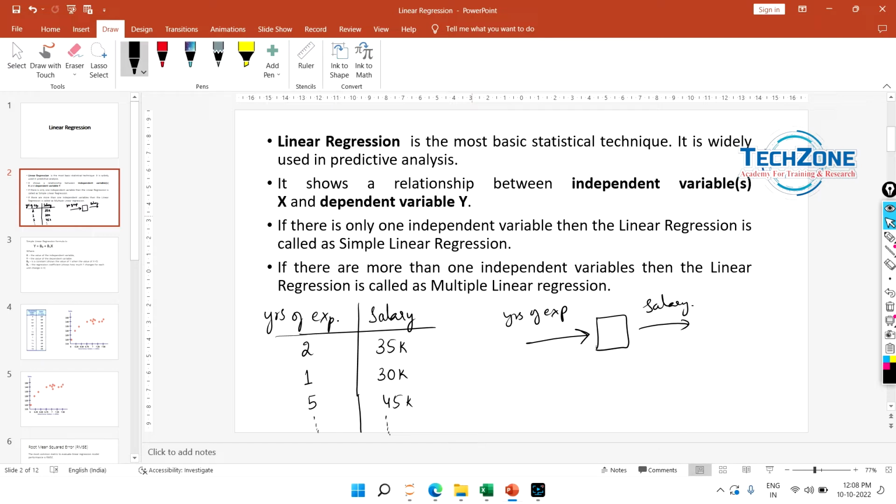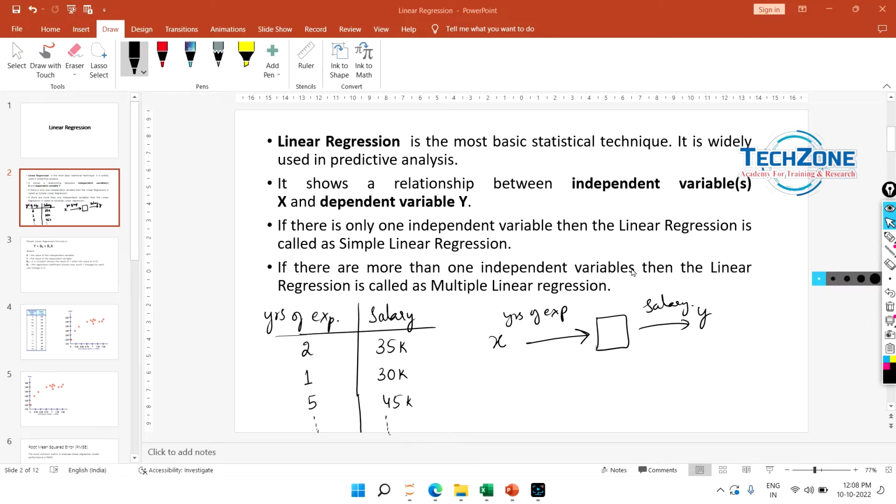Independent variables are generally denoted by X or capital X. Dependent variables are generally denoted by Y. I hope this is clear. Independent variables are the variables that we give as input to our model, and the model will give us the dependent variable. In our case, years of experience is the independent variable and the dependent variable is salary.